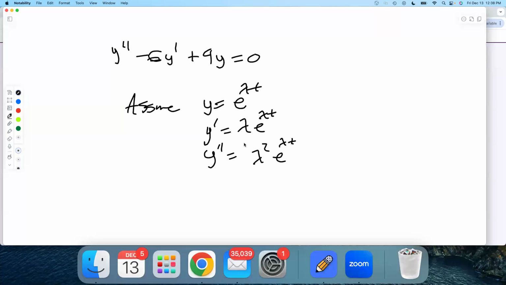Again, we're going to get to the point pretty quickly that we can jump straight from here to our characteristic polynomial. But for completeness, let's write everything down here. So I'm plugging all three of these guys in to the appropriate places up here.